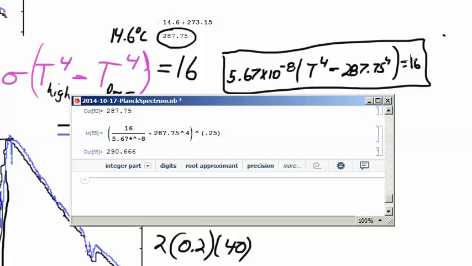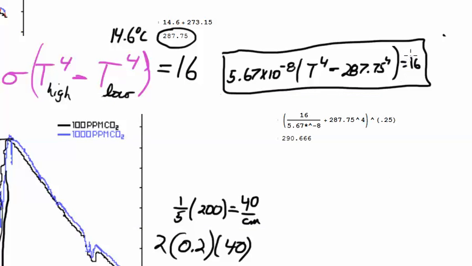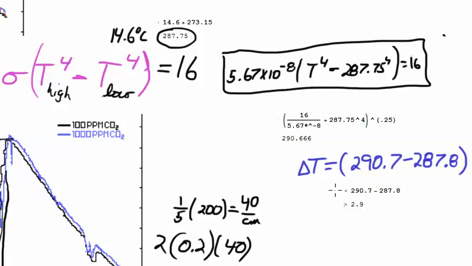And so I'll take that 16, divide by 5.67 times 10 to the negative 8th, then add the 287.75 to the fourth power, and then take the fourth root of that, and I get 290.7, which is a change in temperature of 2.9 Celsius, or 5.22 degrees Fahrenheit.